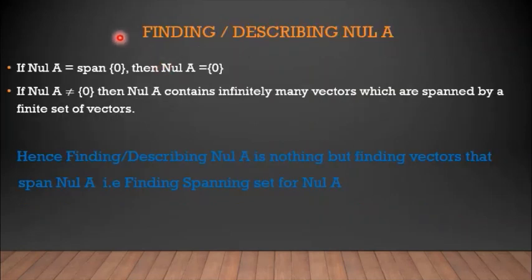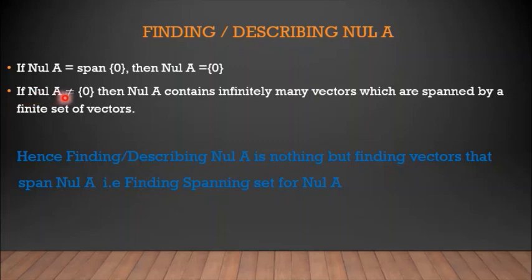Now let us see what we mean by finding or describing null A. We have noted two points in the previous explanation. If null A is equal to the span of the set containing 0, then null A will have only one element, the singleton set 0.